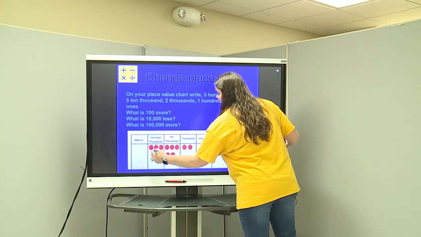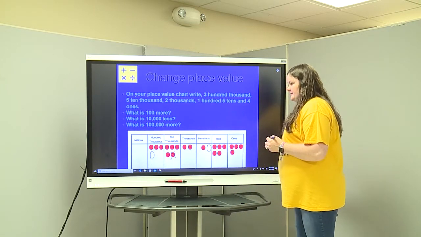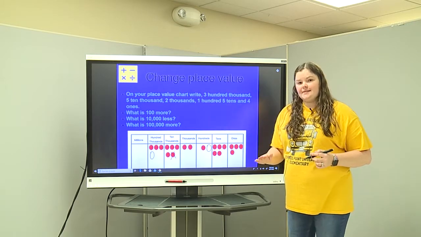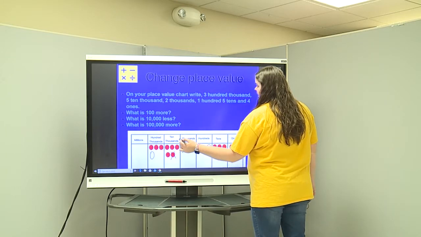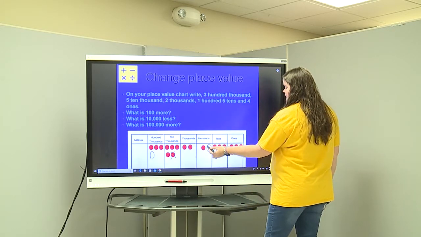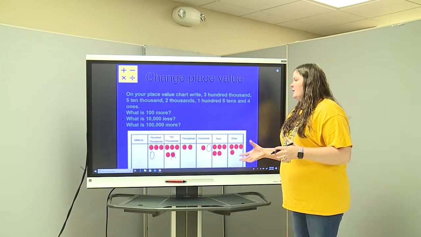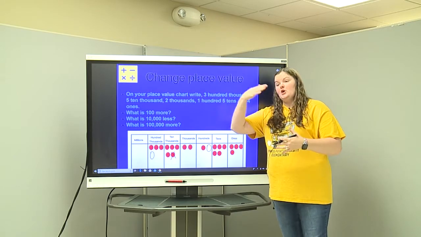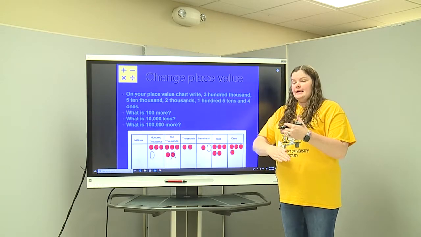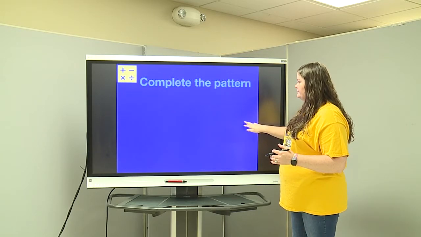So again, come to the 100,000s place and add 100,000. Now, after all of those steps, our new number would be 442,254. So this is just going back over our previous lessons where we used the place value chart, did more than, and then we did less than. Good job on that review.